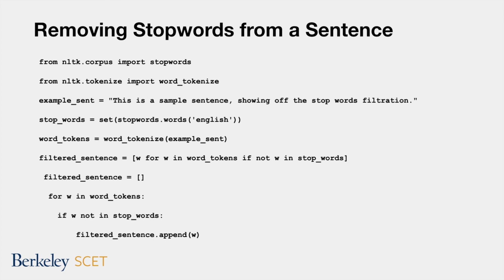If you're working with English like we are, you would just put in set(stopwords.words('english')). Then you pass the sentence into word_tokenize, and word_tokens is now a list of the individual words: this, comma, is, comma, a, comma, sample.